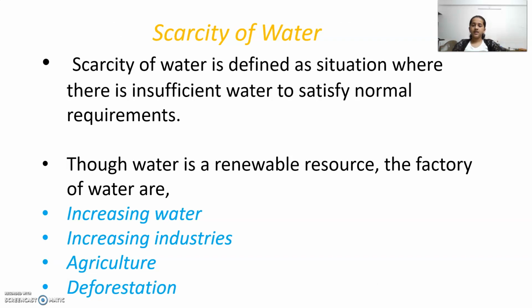Scarcity of water. Scarcity of water is defined as a situation where there is insufficient water to satisfy normal requirements. Though water is a renewable resource, the demands for water are increasing: increasing population, industries, agriculture, deforestation.